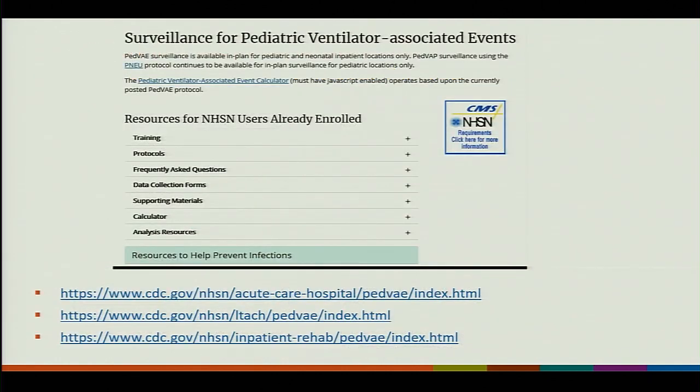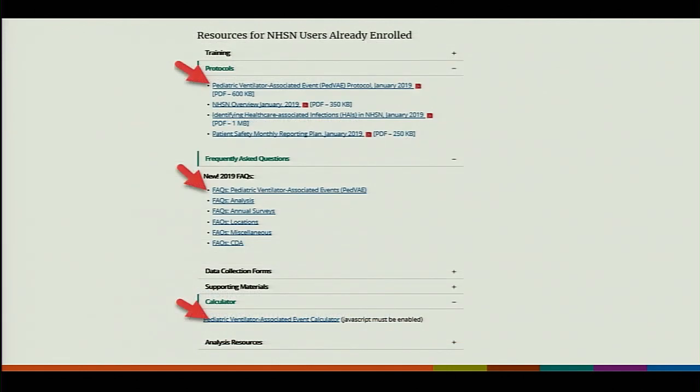Similar to the pneumonia, when you find PedVAE, you'll notice that we do draw attention to the fact that PedVAE surveillance is available in plan for pediatric and neonatal locations. And we also want to communicate that you can still do PedVAP in plan in a pediatric location using the pneumonia definition. You can expand the ribbons on that page.